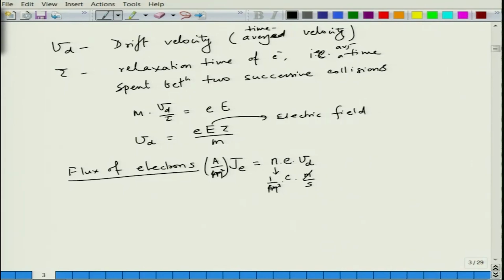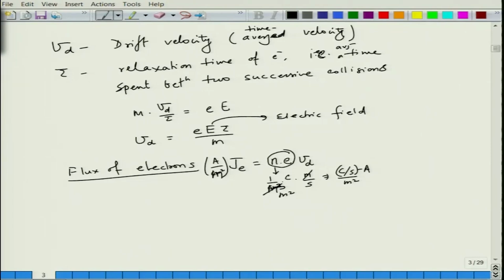So this cancels with this, so this becomes m square from m cube. So what we have essentially is coulomb per second per meter square, and coulomb per second is the ampere. So basically it's the total amount of charge flowing through a certain length per unit time.